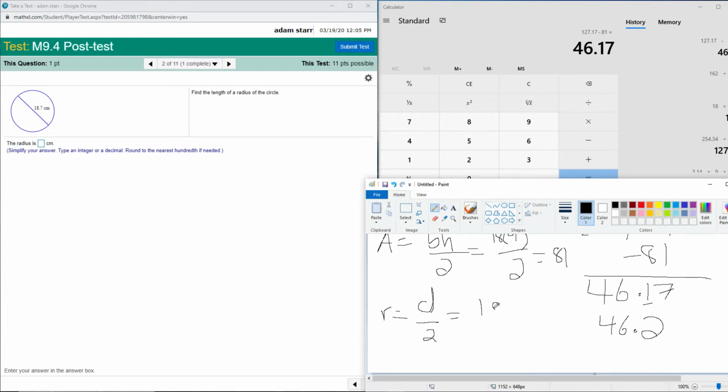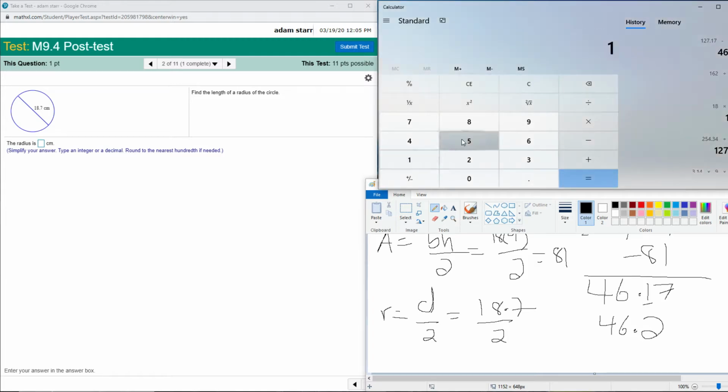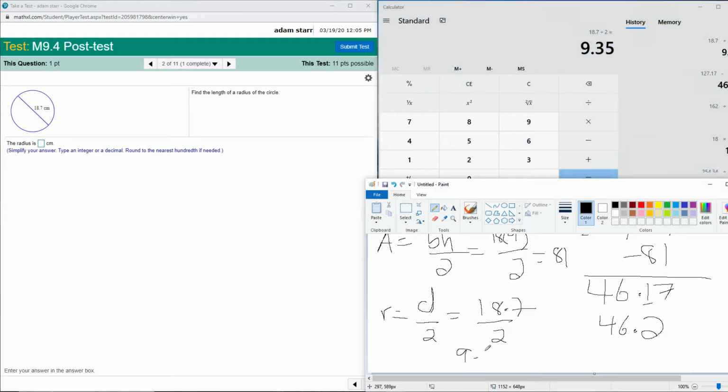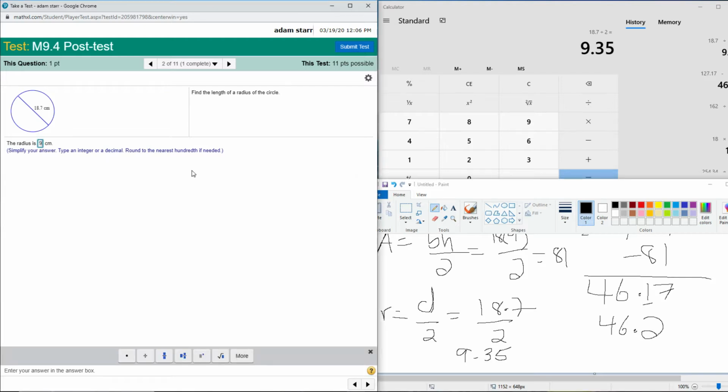So 18.7 divided by 2 is 9.35. This one says round to the nearest hundredth if needed. This is to the hundredths place, so there is no rounding needed. 9.35 is the exact answer there.